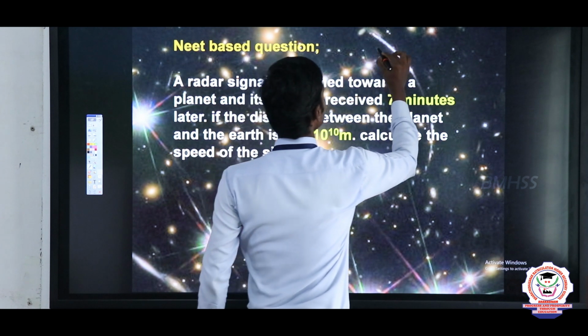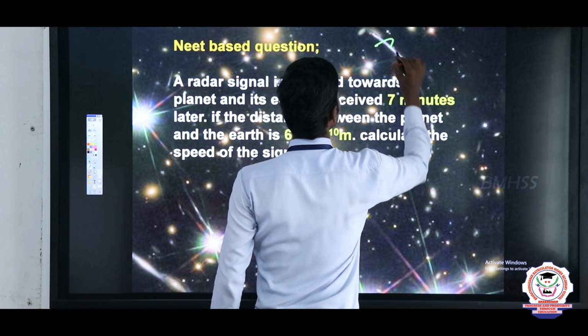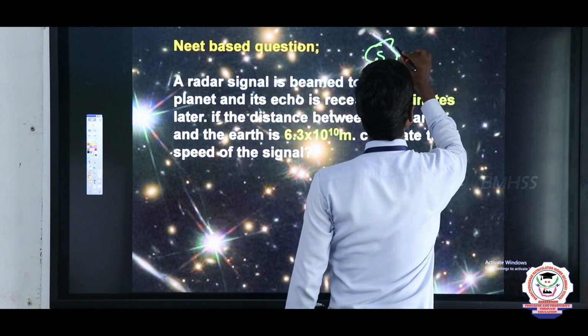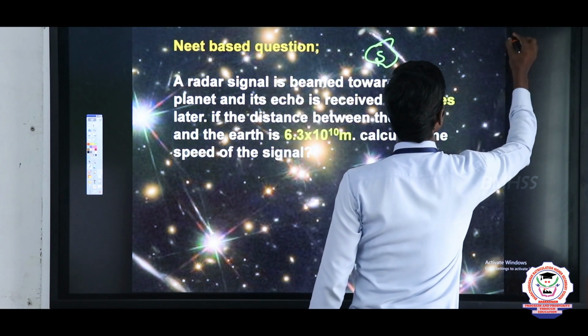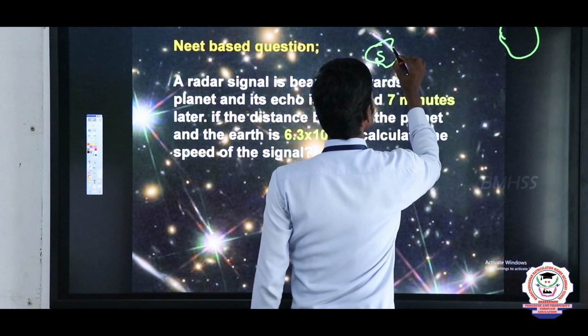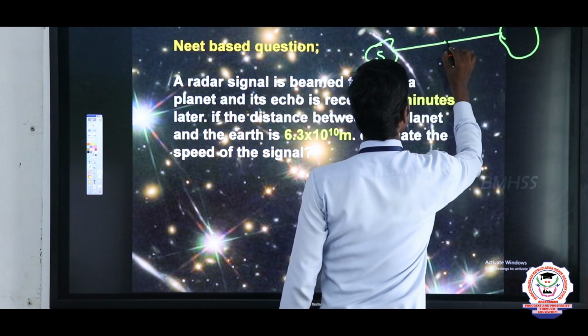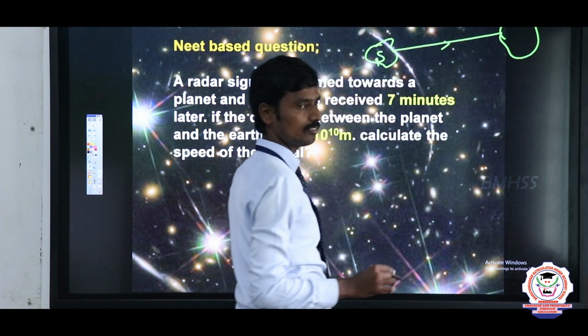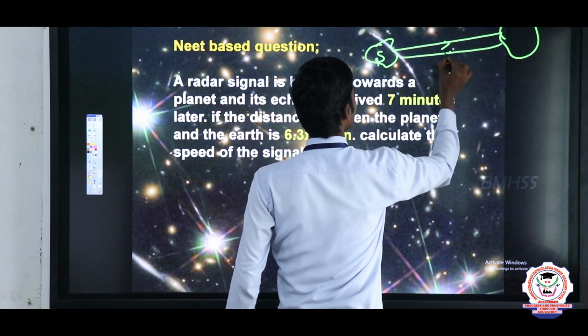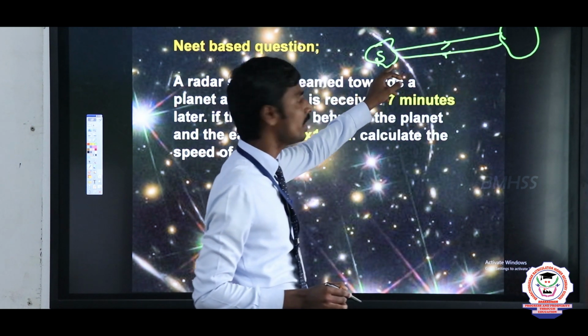Let us consider that this is the source of the radar signal. These radio waves are transferred to any planet, for example any target material. Here the radio waves are transmitted from the transmitter and, after reflection from the planet, are received by the receiver.